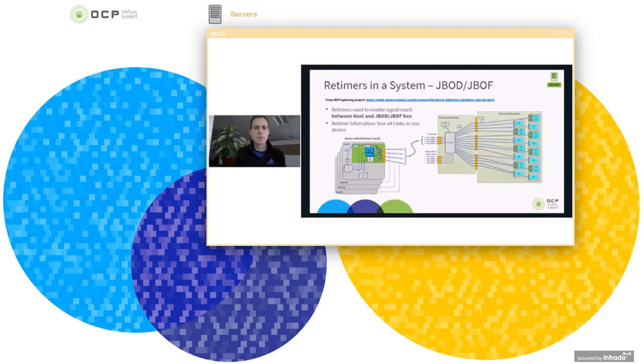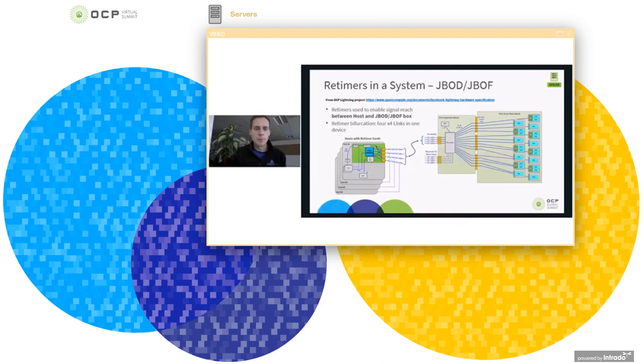This is another type of system where retimers would be used even for Gen 4 speeds. This would be a just a bunch of drives or just a bunch of flash, JBOD, JBOF type system. Here the block diagrams are from the Facebook Lightning project.